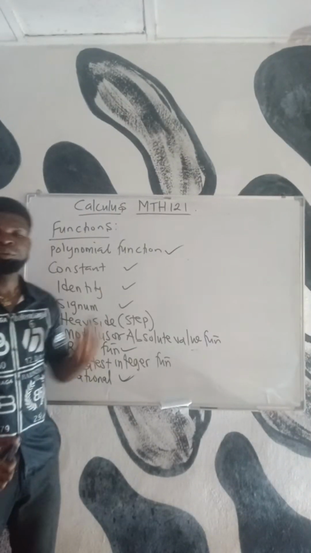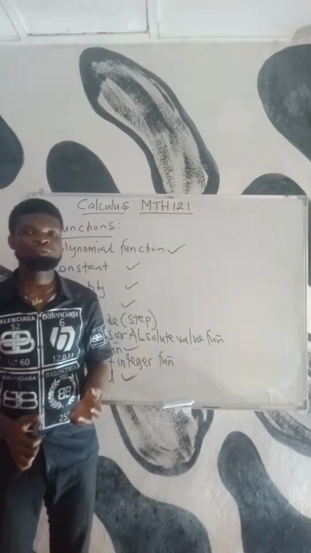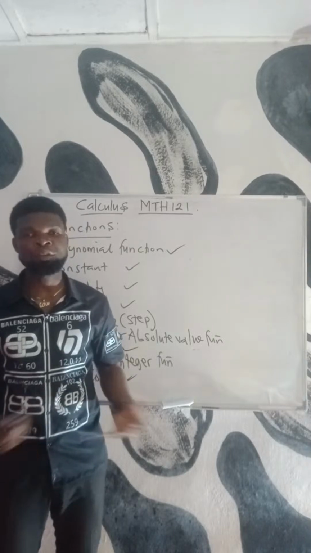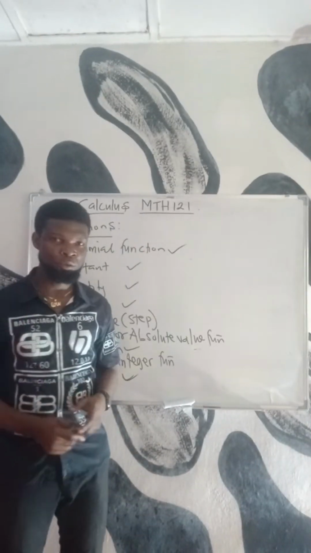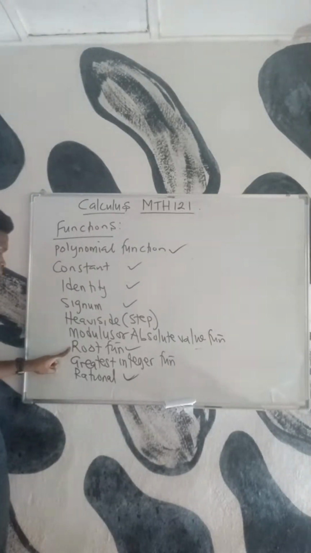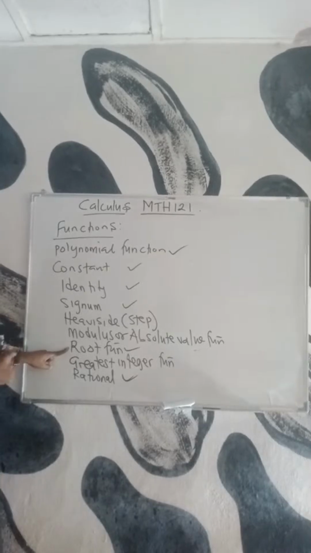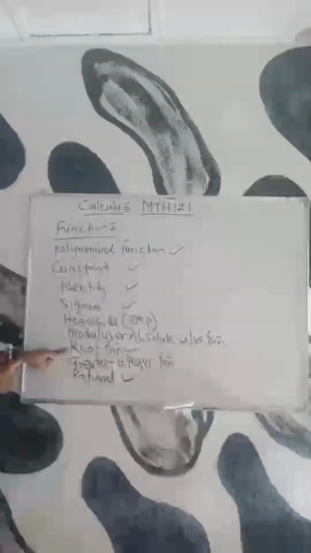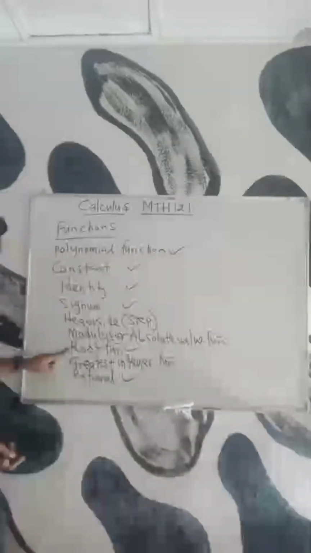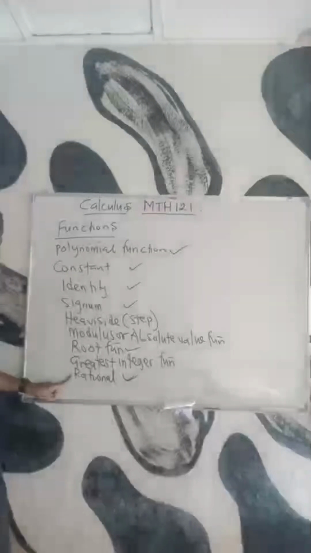But just for an idea of them, I first of all like to teach what we call the inverse of a function, because when we do root functions, and rational functions, it is simple.